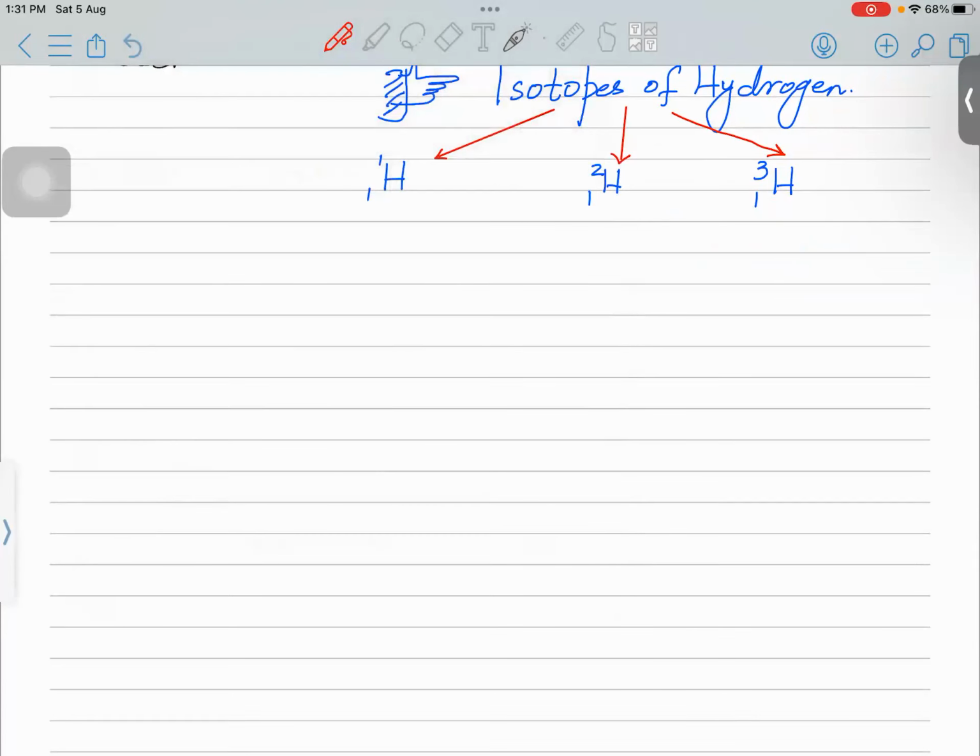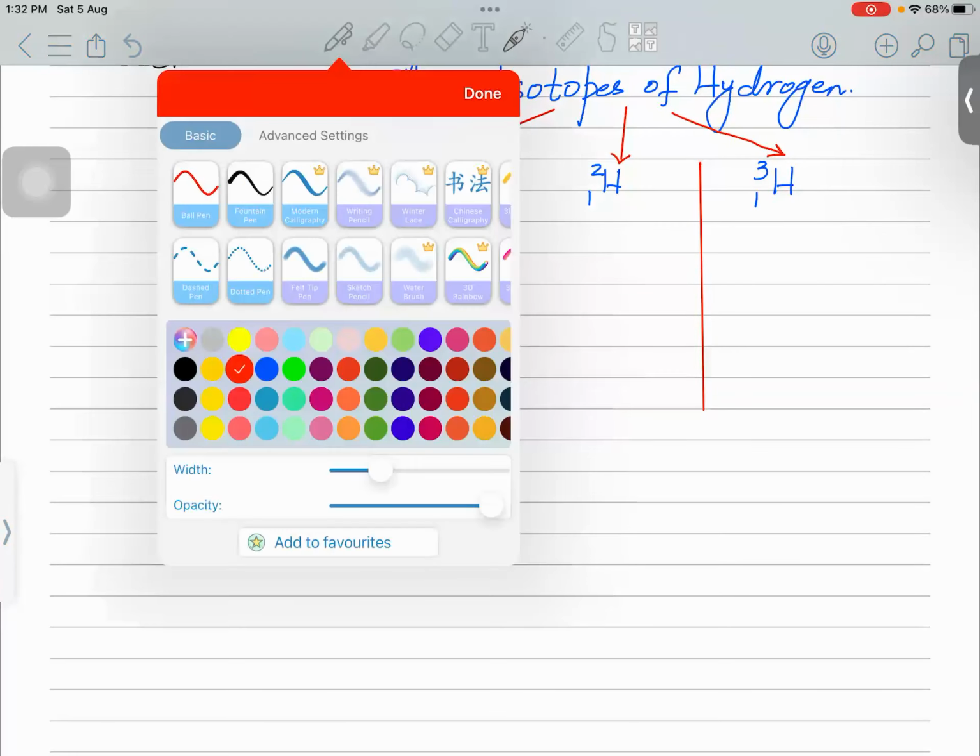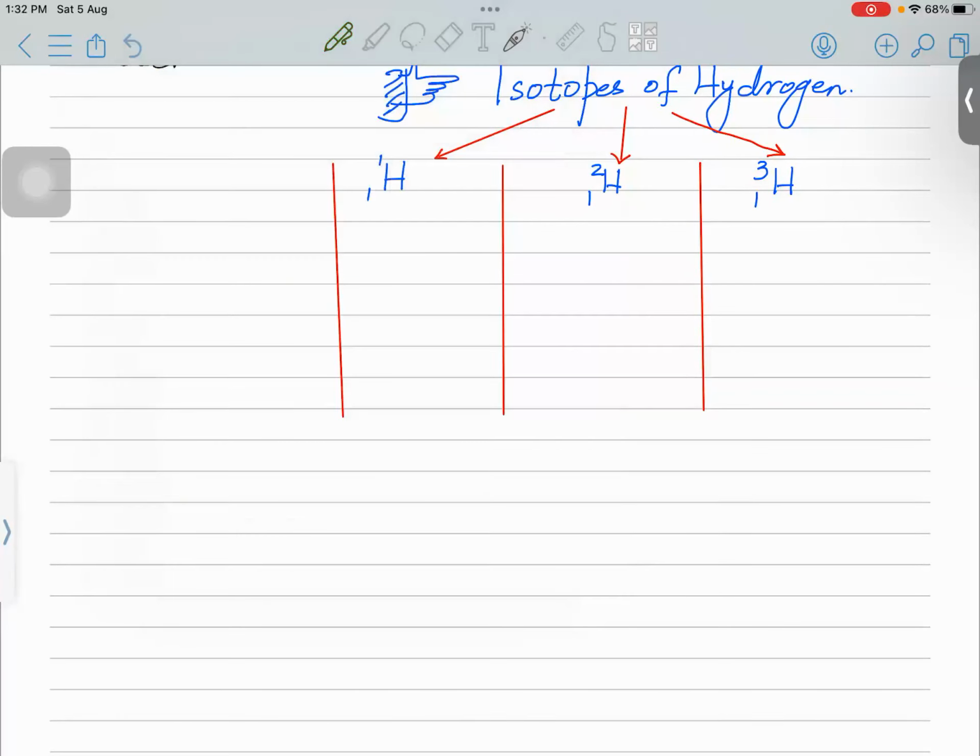Now, we have 3 isotopes. First is electron, then proton, and then neutron.